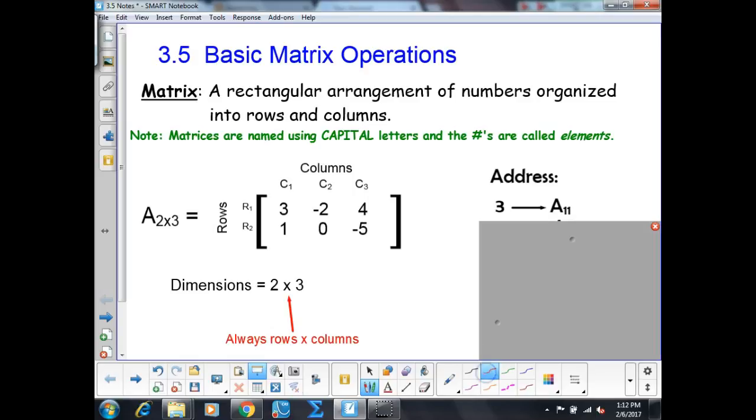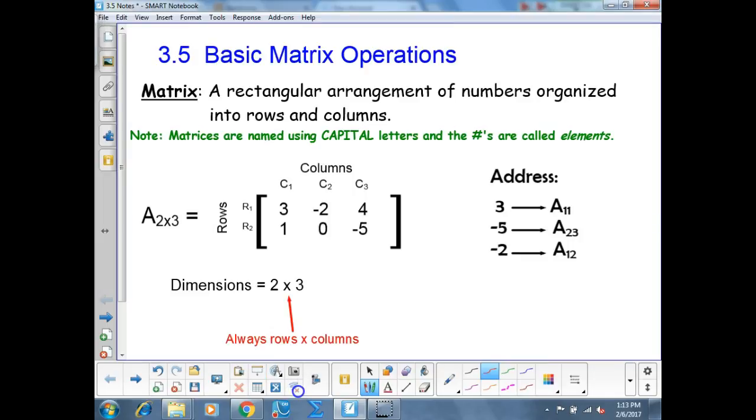For instance, if I put the number 3 there instead of 0, then the element 3 would have 2 addresses. It would have address 11, and it would also have address 2, 2. Because it would be in the second row, second column. Okay? With me? Each element has its own distinct address.